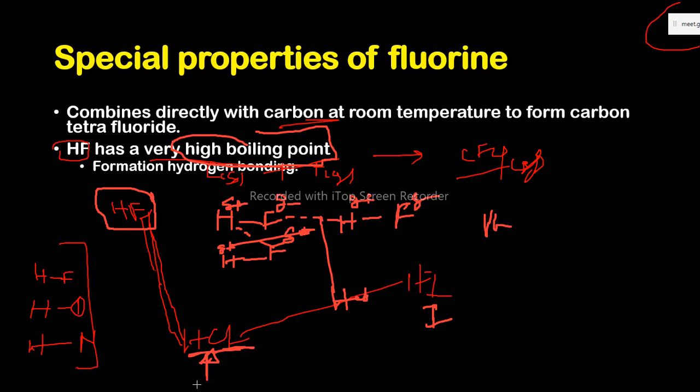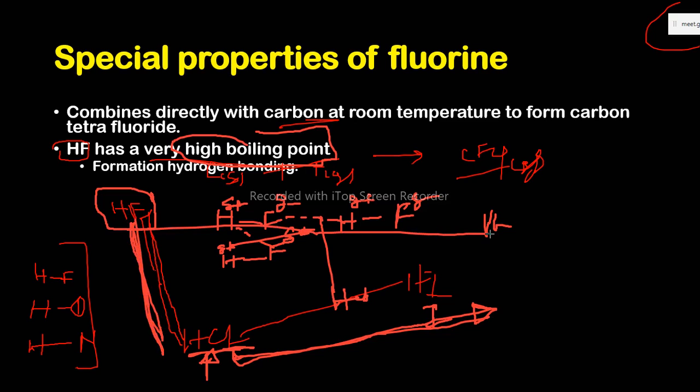These are simple covalent molecules. So what does that mean? The magnitude of these van der Waals forces increases with molecular mass, which accounts for the increase in boiling point. But for hydrogen fluoride, it's abnormally high compared to the rest of group 7 members.